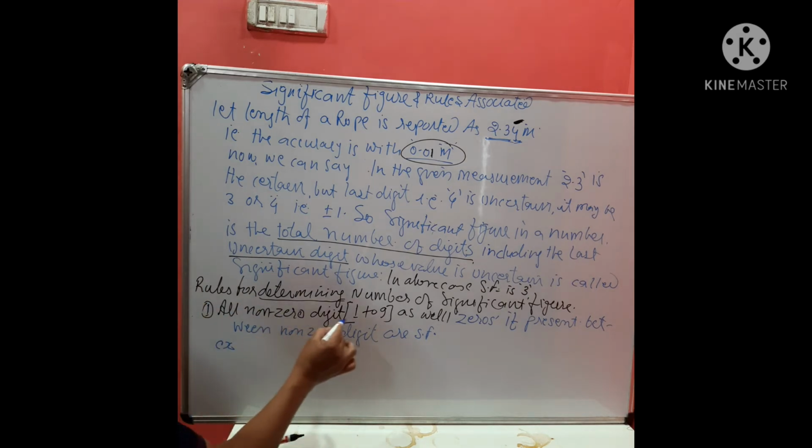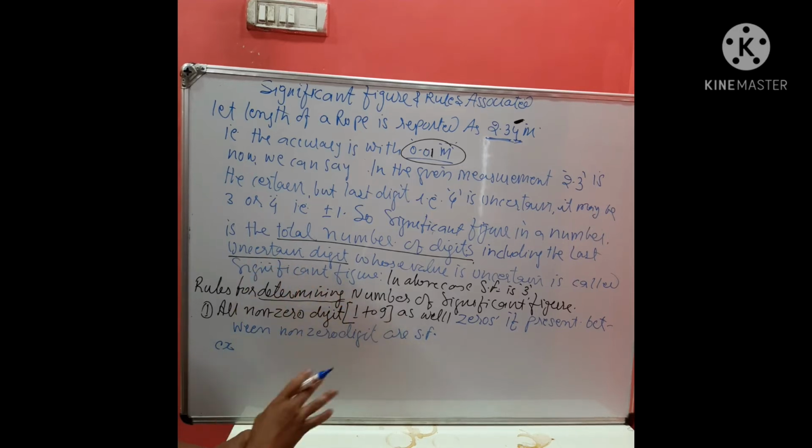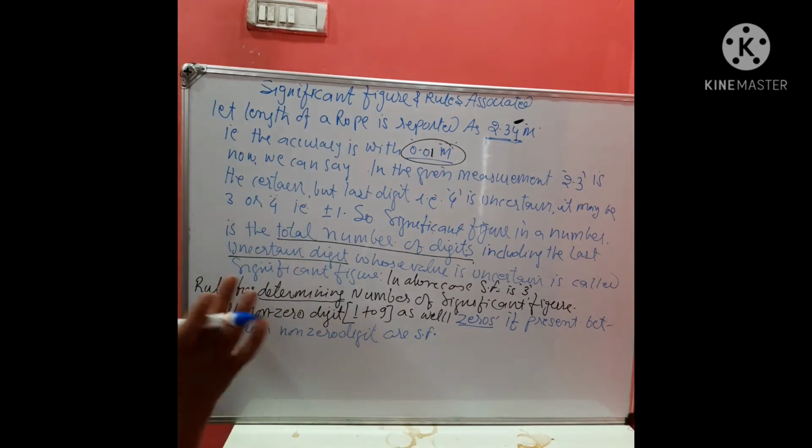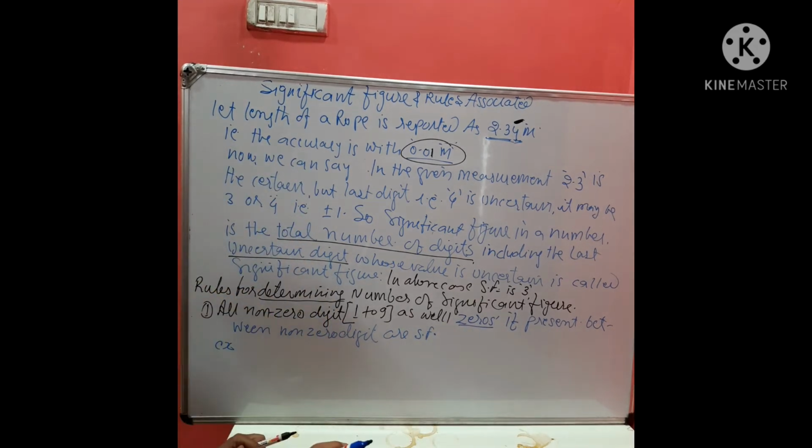The digits 1 to 9 must be significant figures. But what about 0? Because 0 is also one of the digits. If the 0 is present between non-zero digits, then it will be included as a significant figure. Example: 1587.